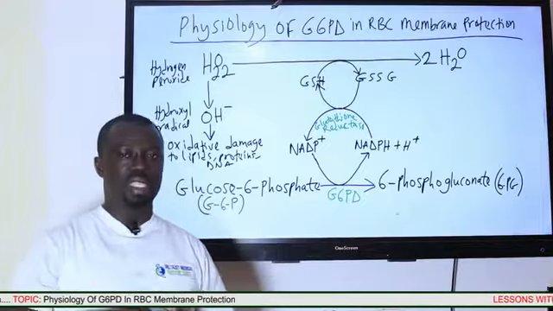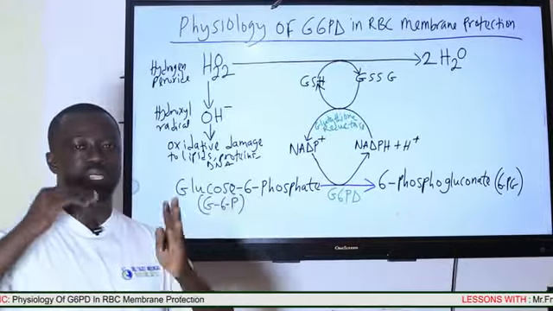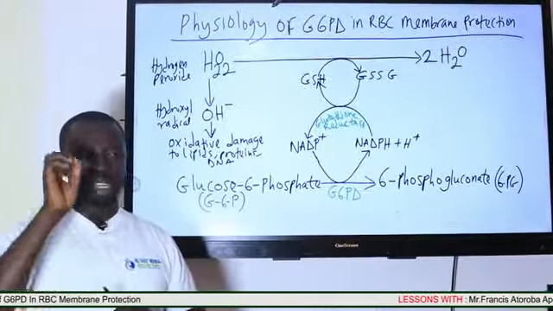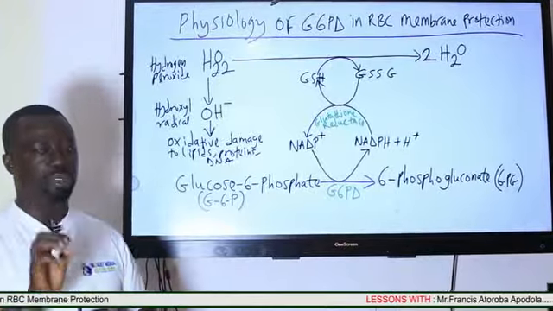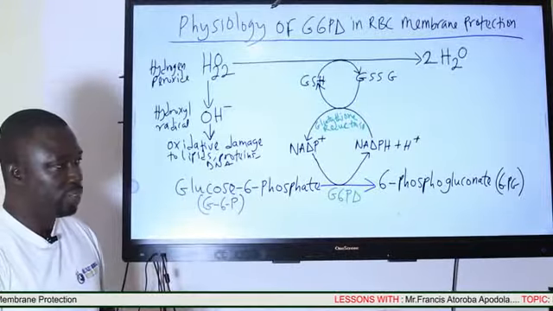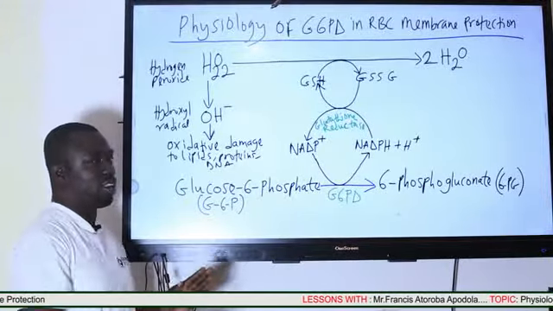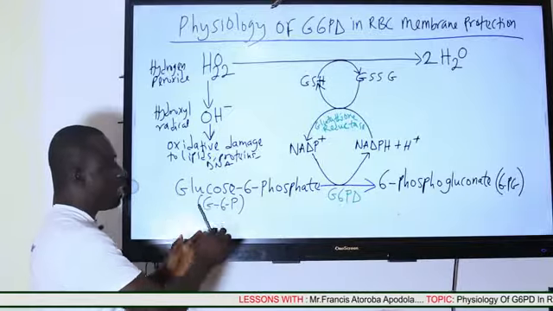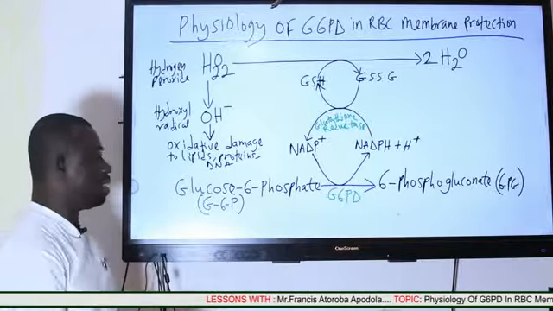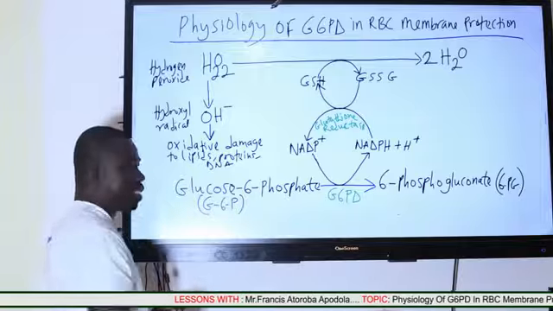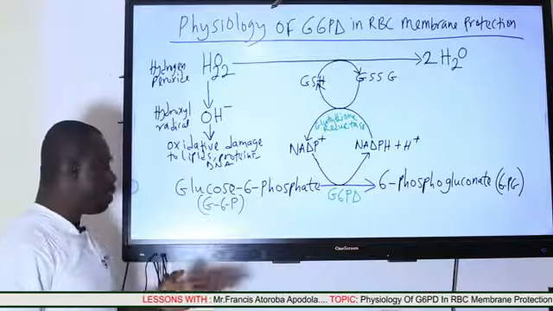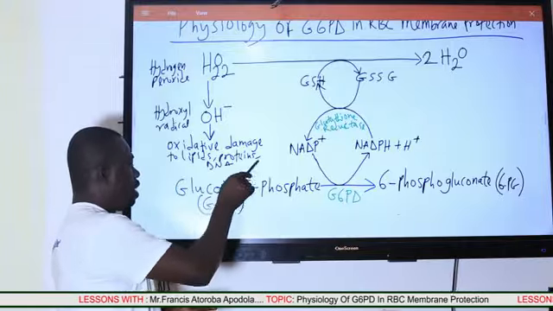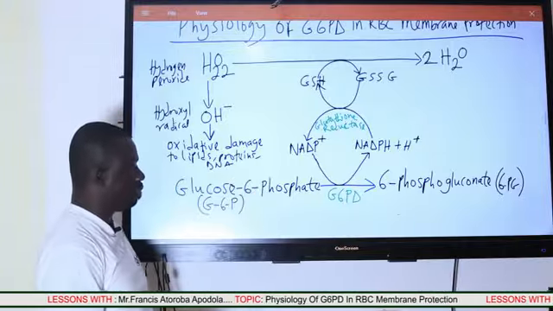In other words, the G6PD enzyme is involved in a metabolic pathway known as the pentose phosphate pathway, PPP. The starting material or the substrate for this particular metabolic pathway is glucose 6-phosphate, which is abbreviated as G6P, G for glucose, then P for phosphate.